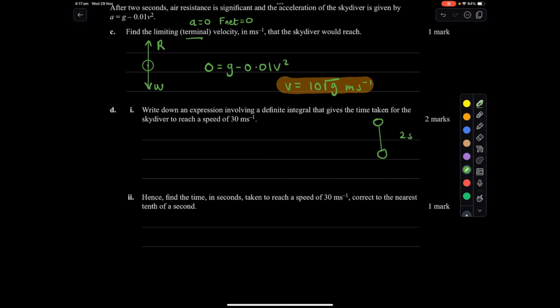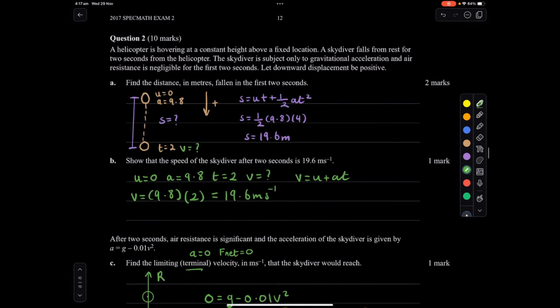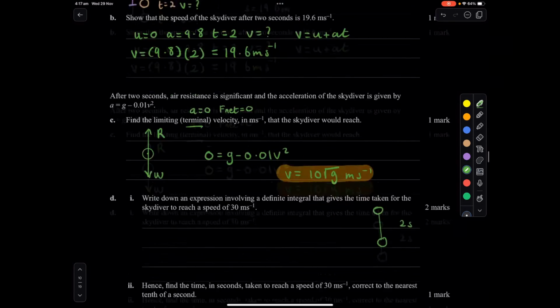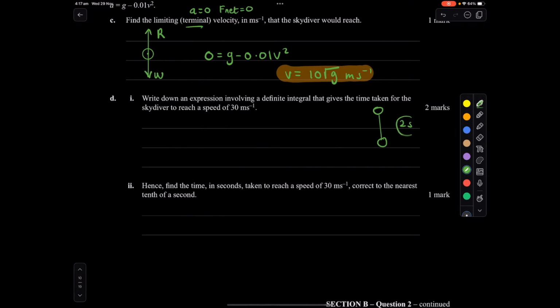Remember, for the 2 seconds, he's only subject to acceleration 9.8, and the time it took him was 2 seconds. After the 2 seconds, going downwards, he then gets subjected to air resistance. So here we just need to find the time.